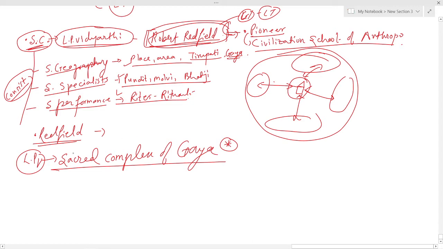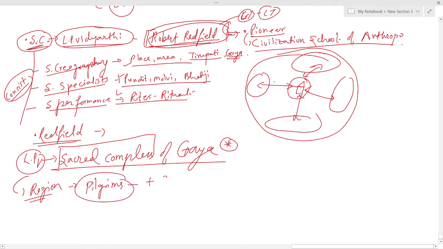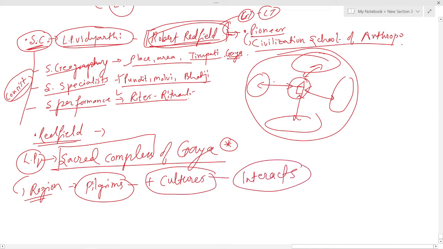So basically this sacred complex is a region or area where different pilgrims and different cultures interact with each other.